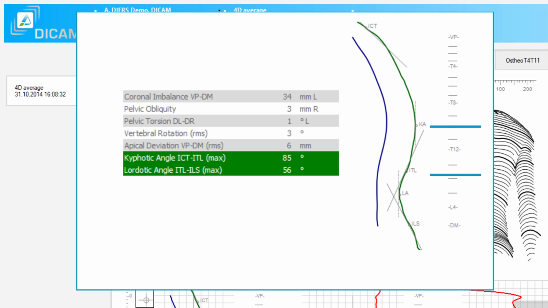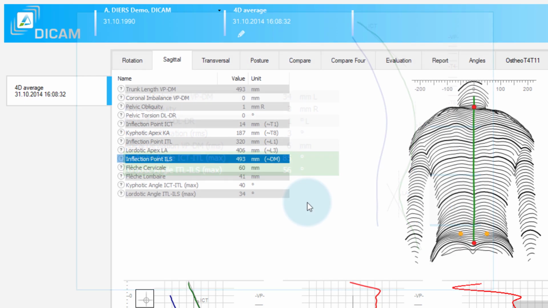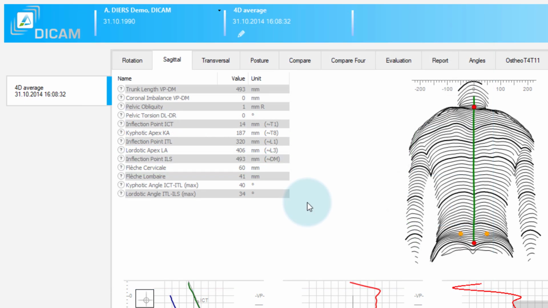In sagittal logic, hyperkyphosis then would also be accompanied by an increased demand on a lordotic shape to maintain sagittal tensegrity and stability. However, because of the lowered ITL, this requirement must now be met from a smaller number of segments. This can be a strong stressor for the lumbar structures. The parameters flesh cervical and flesh lombaire will be explained later at a more appropriate place.